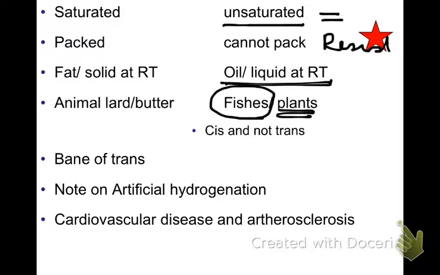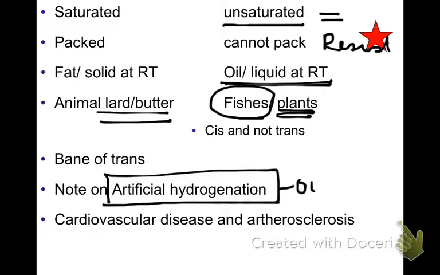The second thing is, many times you would have artificial hydrogenation being done. Butter is used for most baking and cooking, and that has no double bonds, but it is expensive. So there was one product released into the market where they artificially hydrogenate certain oils and make them look solid, and say, this is what you could use.